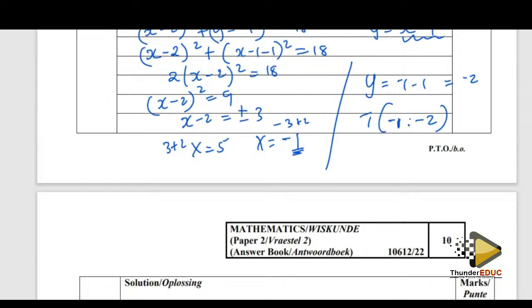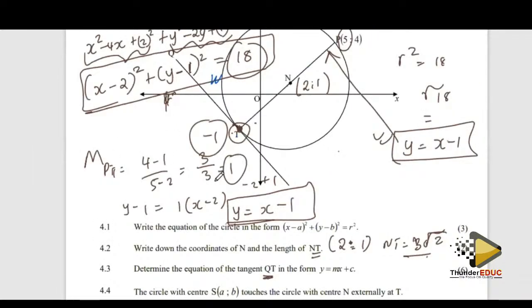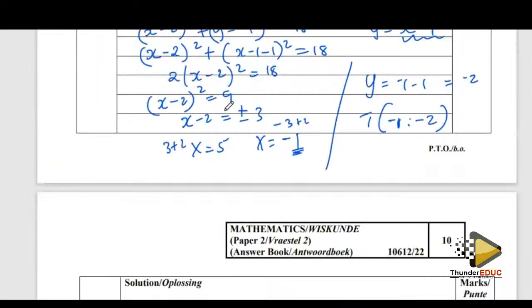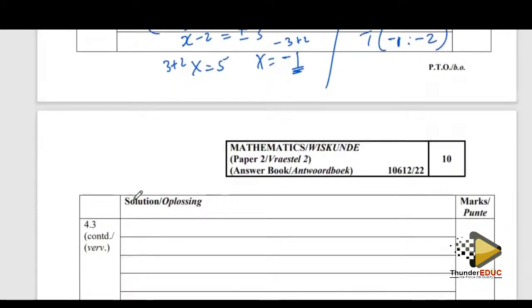Since we got the gradient to be 1, and we know that a tangent and the radius must be perpendicular from our Euclidean geometry, the gradient of the tangent must be negative 1.